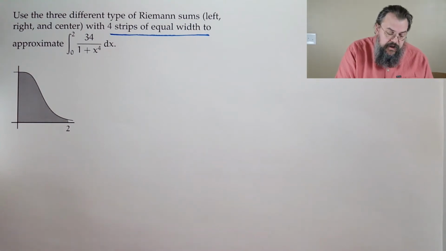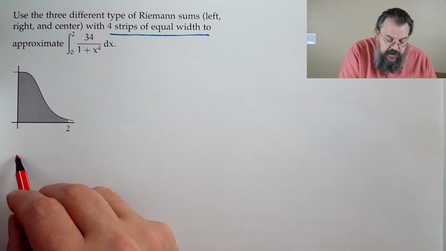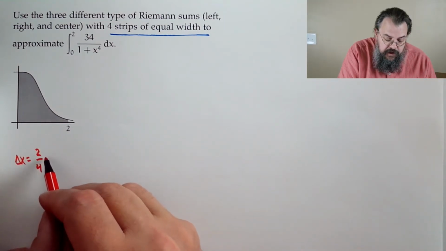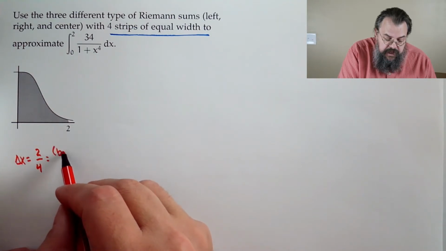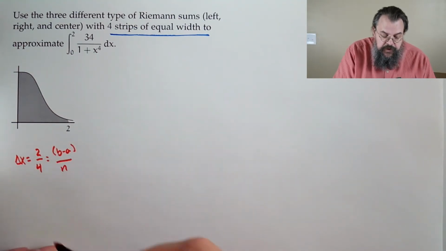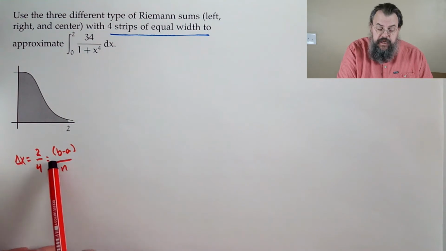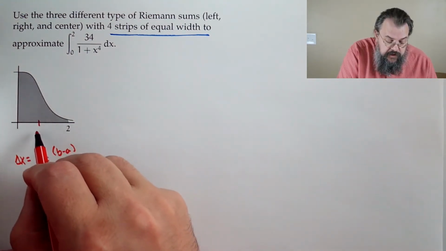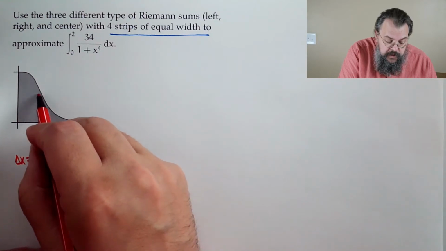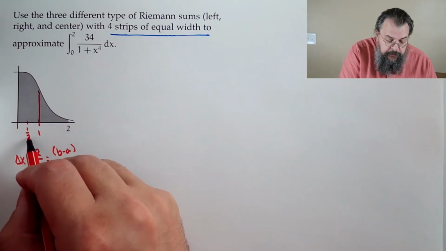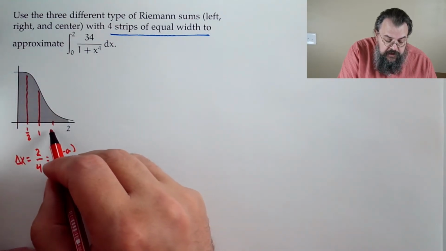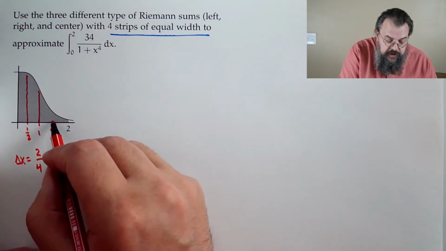So we can talk about our widths, our change in x. It's 2 over 4, which really, you should think of as b minus a over n, where we're going from a to b, and n is the number of pieces. So for us, that's not so bad. You have a 1, and then you have a half, and then you have 3 halves. All right.